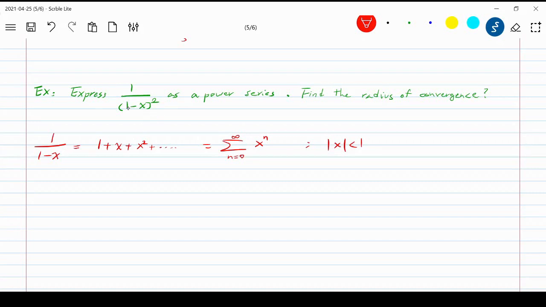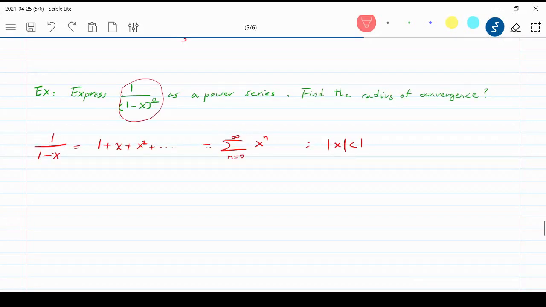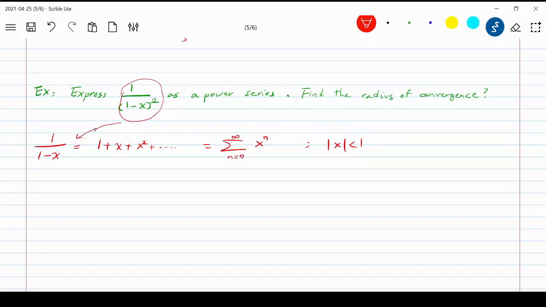Okay, now how can you relate this to that 1 over 1 minus x? Notice that if I take a derivative of 1 over 1 minus x, what do we get? The derivative would be simply derivative of the numerator, which is 0, times the denominator, 1 minus x, minus the numerator times the derivative of the denominator, which is negative 1, and divide by (1 minus x) squared.